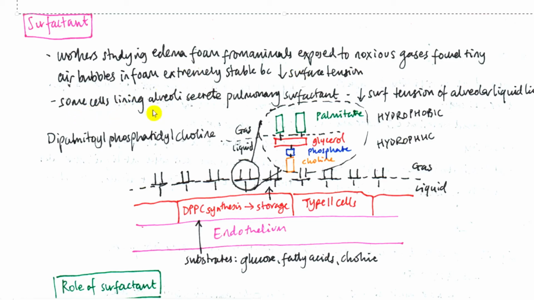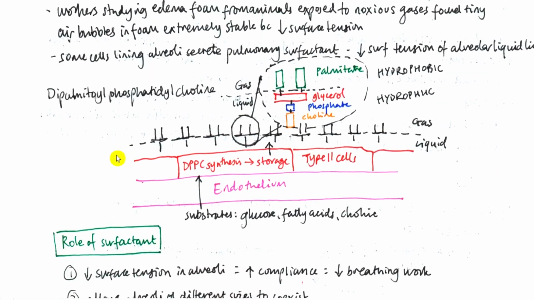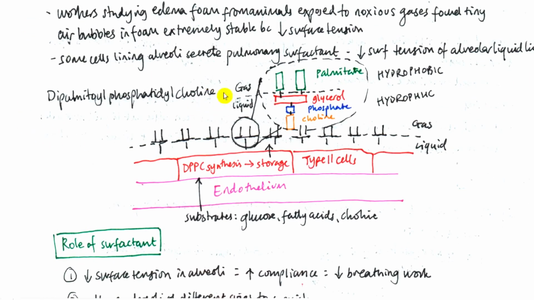Some cells lining the alveoli secrete pulmonary surfactant, and this decreases the surface tension of the alveolar liquid lining. So that will tend to increase the lung compliance. And surfactant, the chemical, is actually called DPPC, or dipalmitoyl phosphatidyl choline, and that's related to its structure.